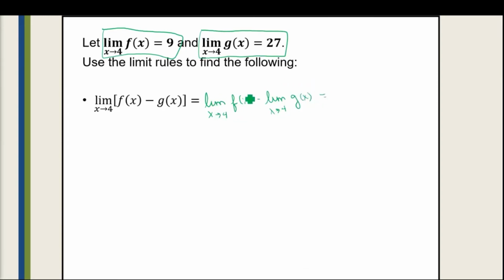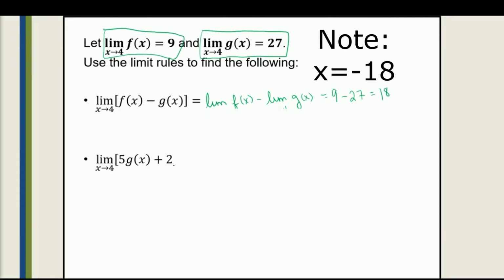And we know the limit as x approaches 4 of f of x is equal to 9. And we know that the limit as x approaches 4 of g of x is equal to 27. So we have 9 minus 27, which is equal to -18.